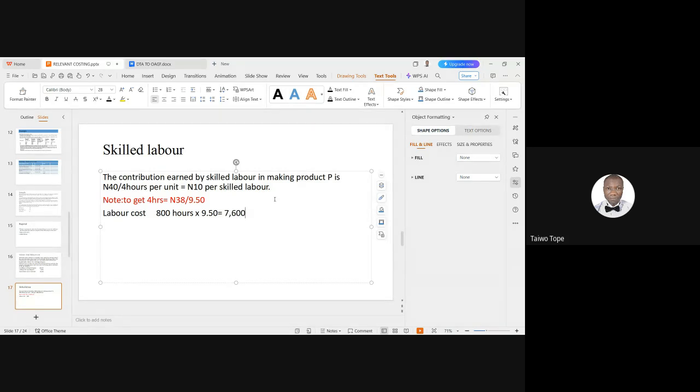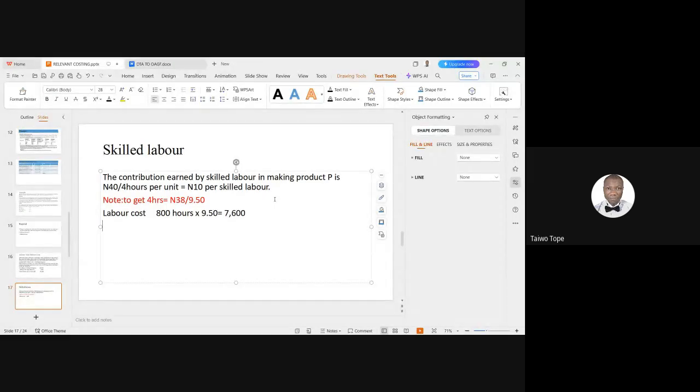Now, if we decide to move them from producing product P, and they are contributing 10 naira per unit in producing 1 unit, when we move them completely, what is the opportunity cost?